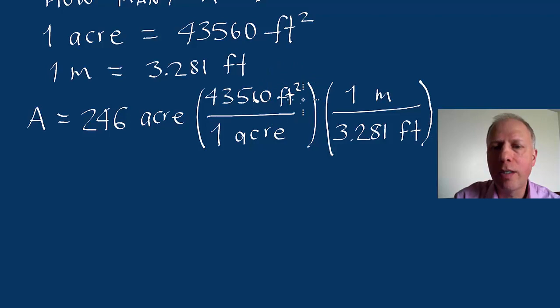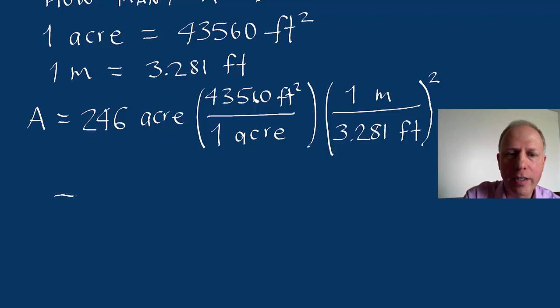I had feet squared in the numerator, but I'm only dividing by feet to the first power on this fraction. To get the right answer, I need to square that ratio, 1 meter over 3.281 feet. That will produce meters squared and feet squared.